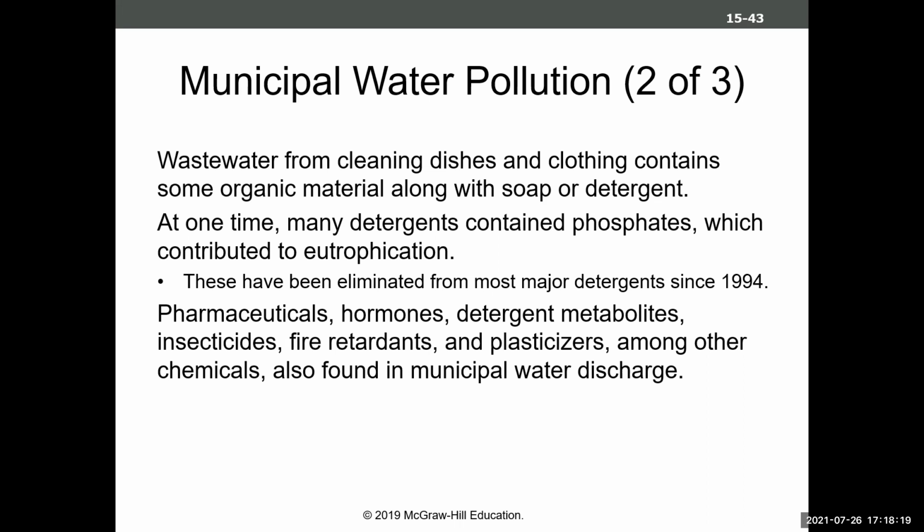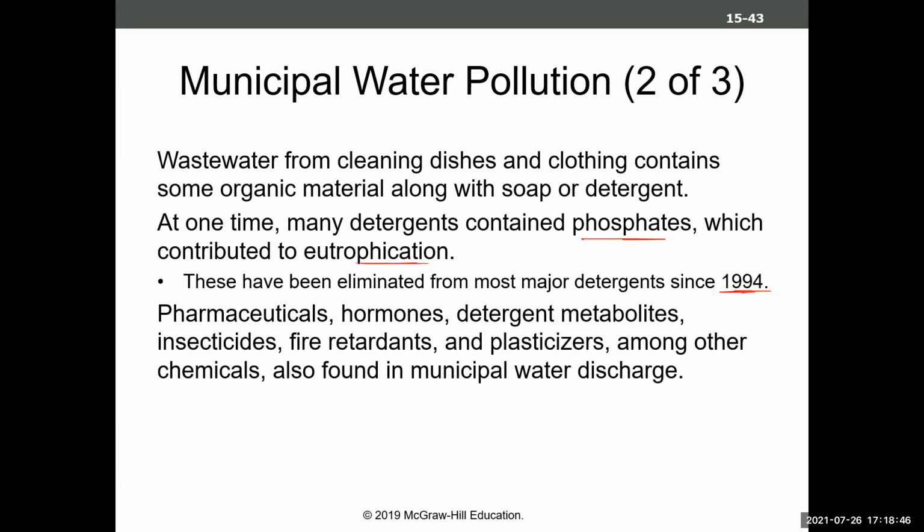Wastewater from cleaning dishes and clothes and washing, so like with soaps or detergent, is a big water contaminant. So many detergents contain phosphates, which contributed to eutrophication. But these phosphates were eliminated from a lot of major detergents since 1994, so that issue of phosphates has begun to go down.